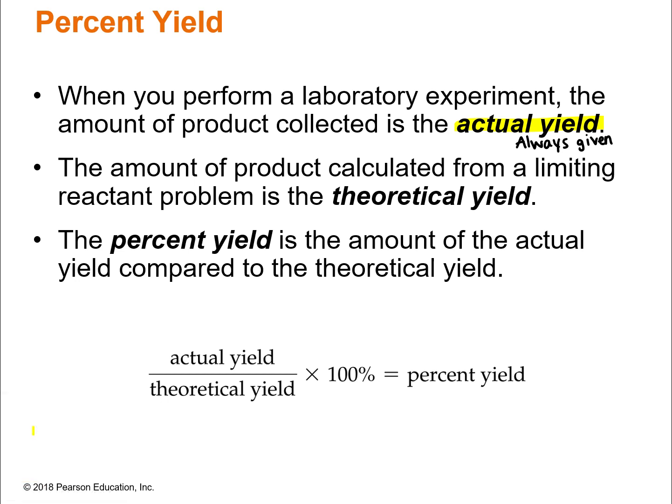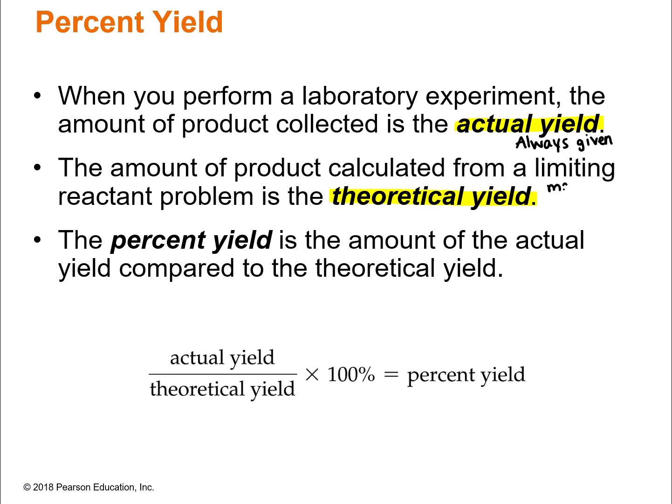The amount of product that you can calculate through any one of those stoichiometry problems or limiting reactant problems, that's called the theoretical yield. So all these problems that we've been doing for Chapter 9, that's calculating the theoretical yield if we were to mix A and B, or if we had this much of A and excess B, how much of C would we make? Those are theoretical yield questions.